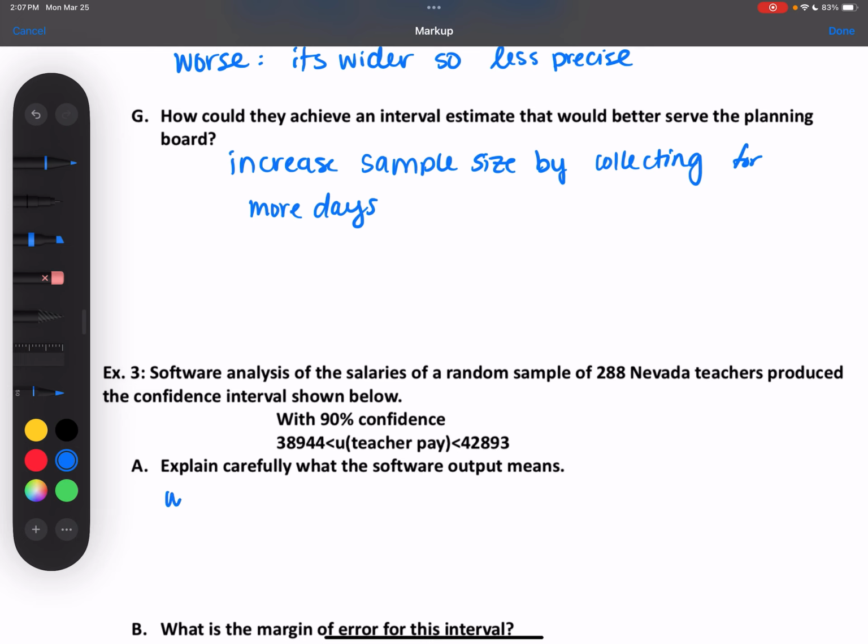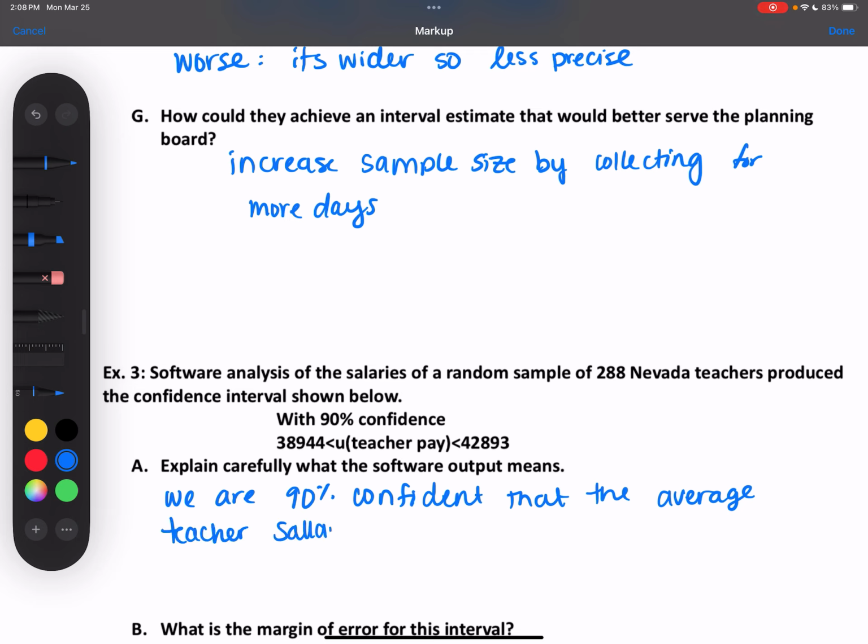Yes. I was confused. I was like, can you not read the numbers? We're 90% confident that the average teacher salary in Nevada is $38,944 to $42,893.